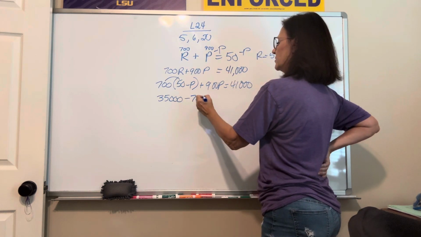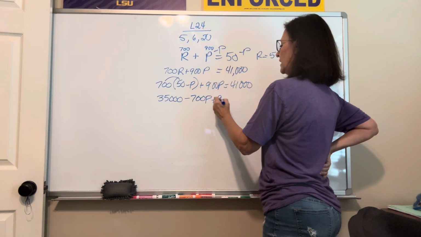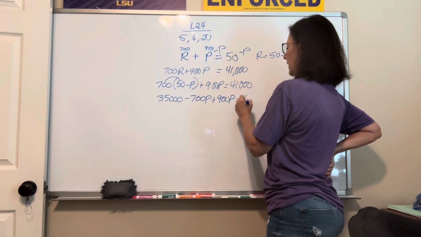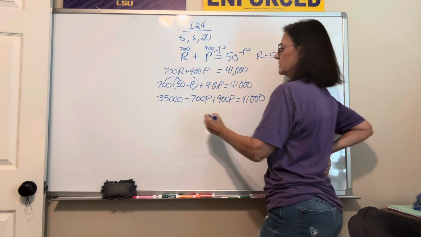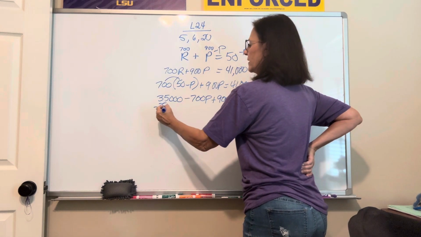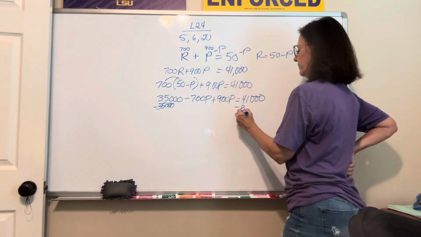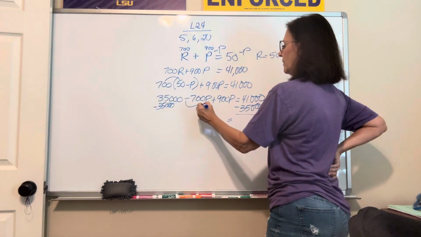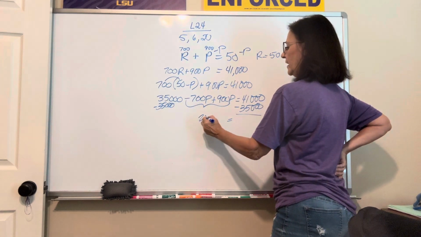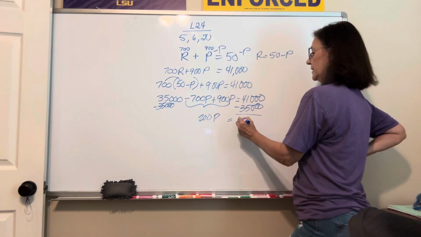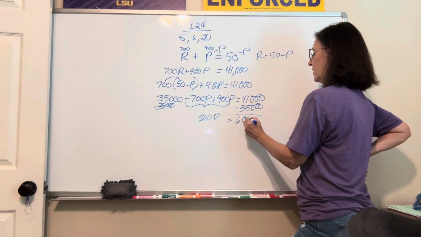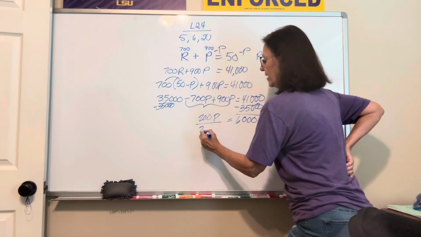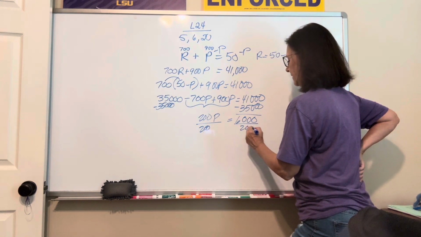Minus 700p plus 900p is 41,000. Subtract the 35,000 on both sides. Combine my like terms. I have 200p is 6,000. Divide both sides by 200.